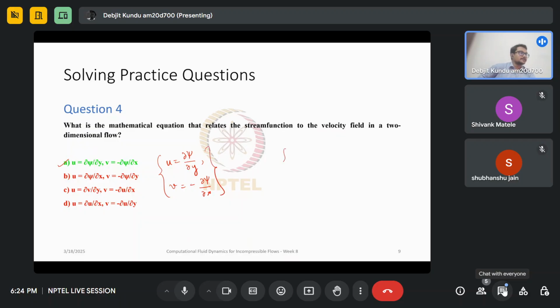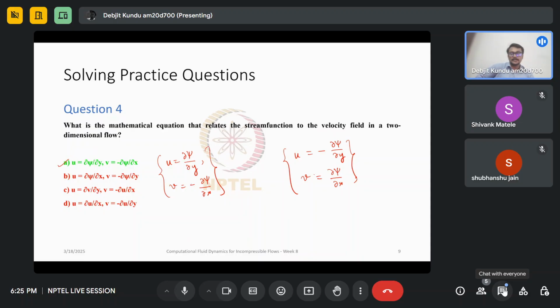There could be another way as well where you flip the convention of the plus and minus sign, where you say that u is actually minus dou psi dou y and v is plus dou psi dou x. This is also correct. It just depends on the convention that you're following. You have to make sure that you stick to the same convention throughout and do not switch between them during your process. But both are equally acceptable.